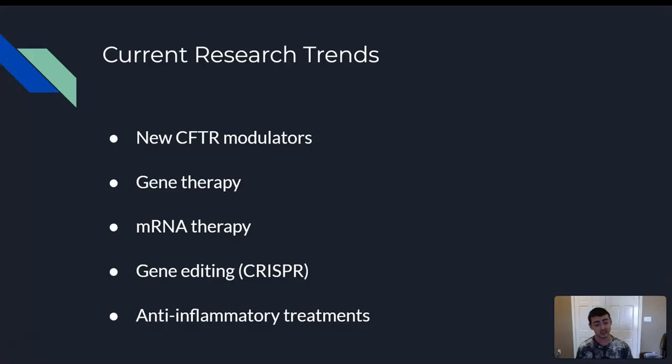Scientists are working on next generation CFTR modulators that work on more mutation types, gene therapy approaches that insert a working CFTR gene into cells, mRNA therapy, similar to COVID-19 vaccines, gene editing technology, including CRISPR, which may eventually correct CFTR mutations directly, and new anti-inflammatory treatments to protect the lungs. These approaches aim not just to treat symptoms, but to address the root cause of the disease.